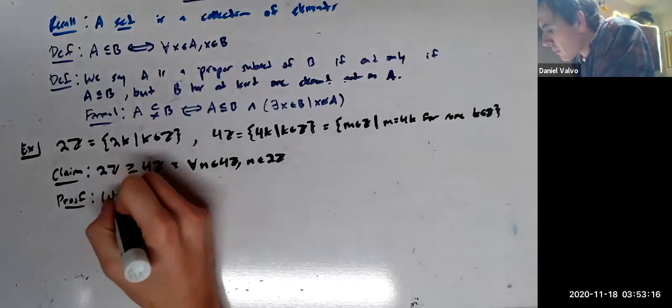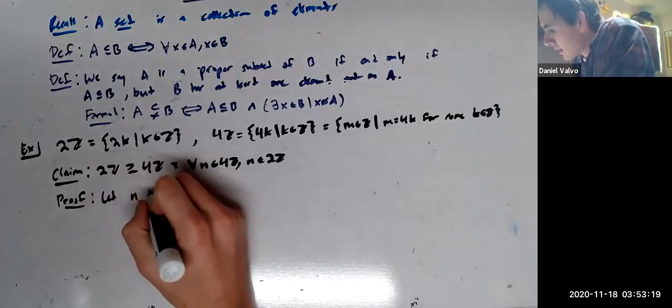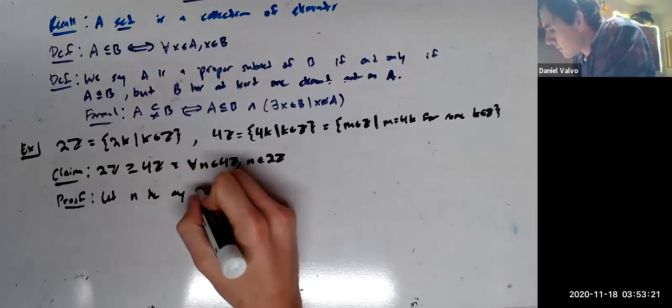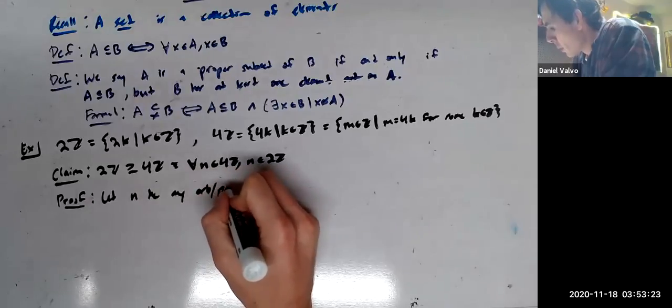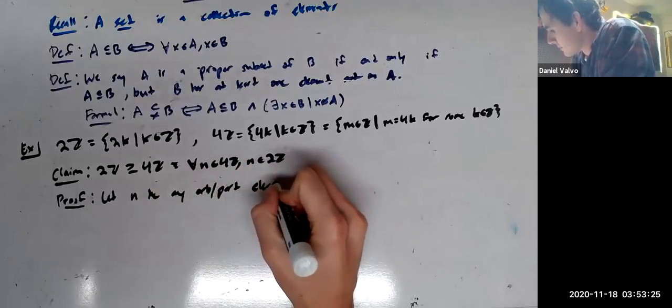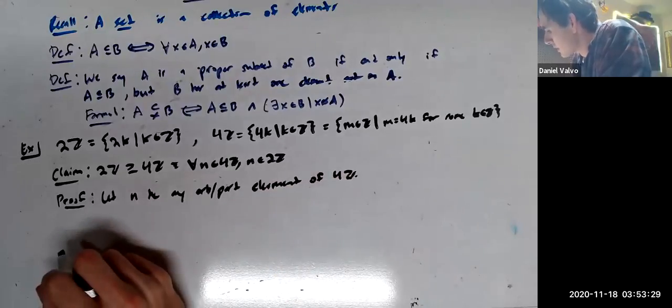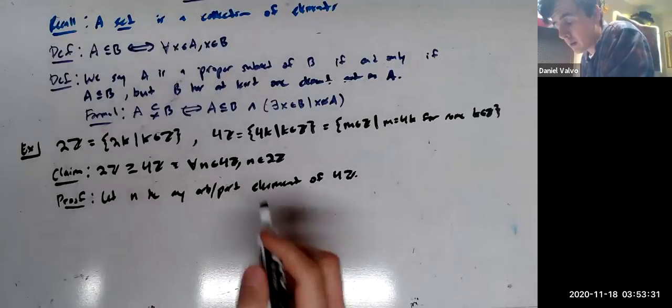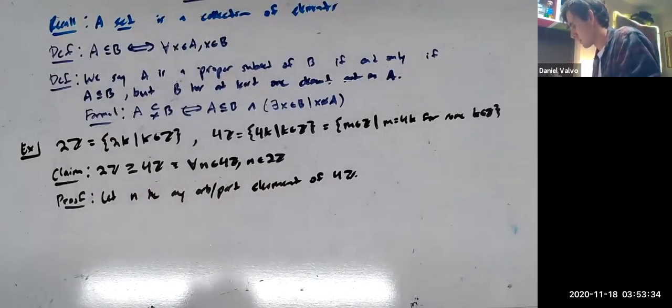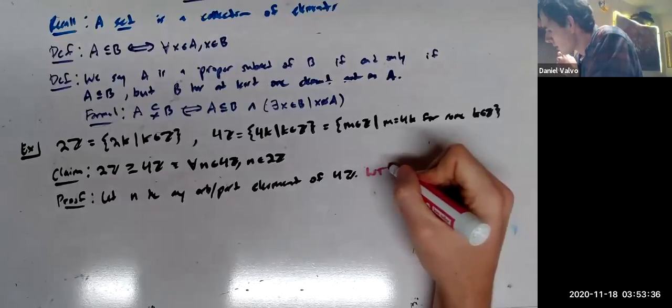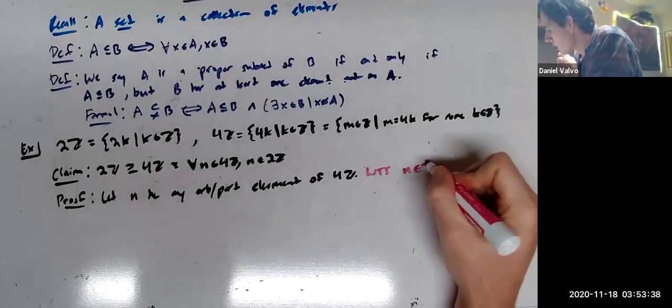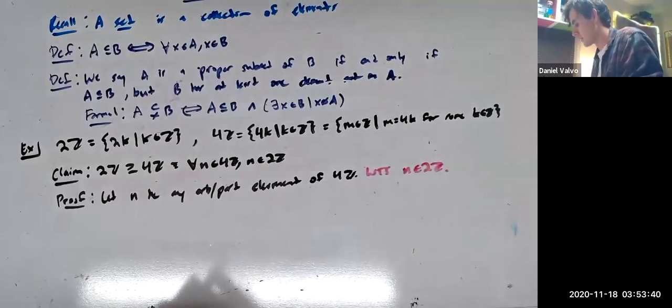Proof: we're going to let n be any arbitrary, particular element of 4Z. We want to show that n is also in 2Z. That's what we're trying to do.